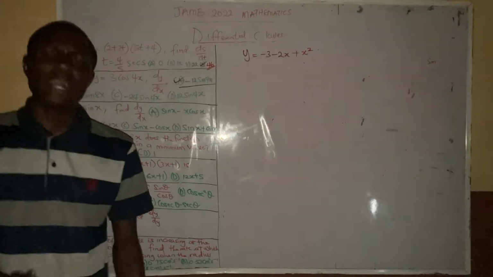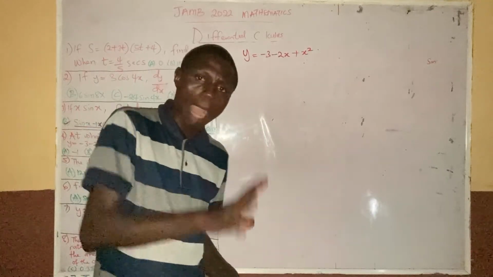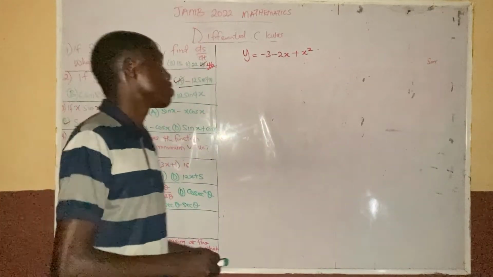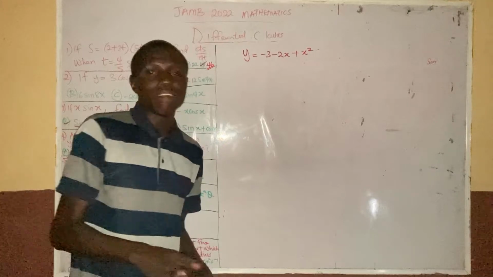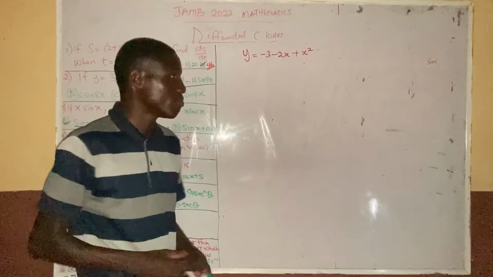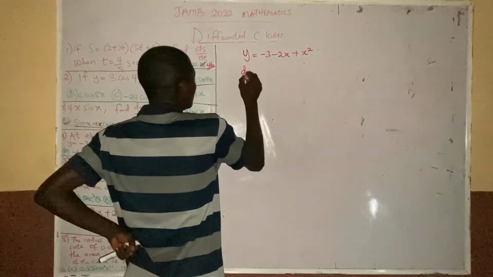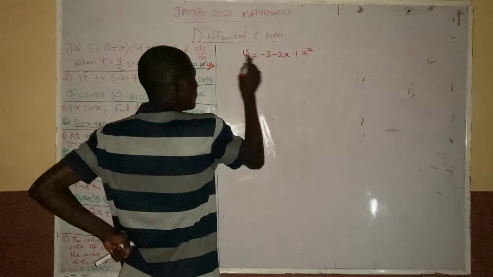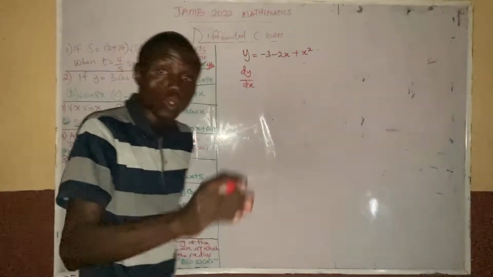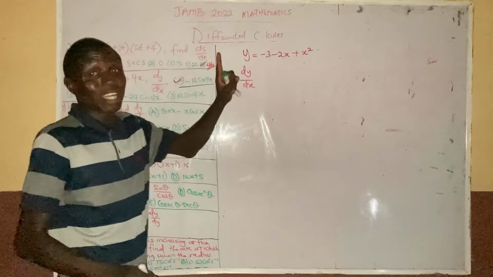When I talk about minimal value in differential calculus, we are talking about the application aspect of differential calculus. In this aspect, you have to find the stationary point first. The stationary point is when you find the first derivative, dy/dx. It is the first derivative because the power of the derivative here is 1.